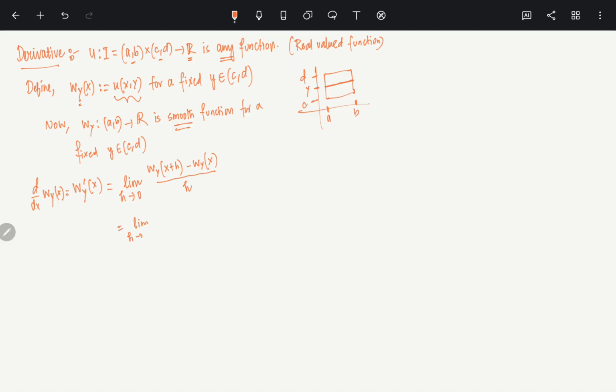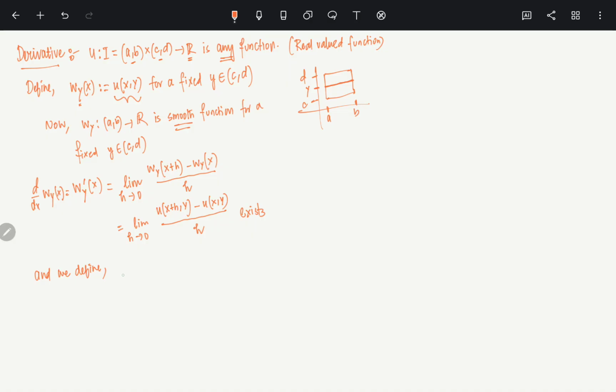So the limit as h tends to 0, if you put it together in terms of u, becomes (u of x plus h, y minus u of x, y) by h. So you see, if w y is differentiable at the point x, then this exists, and we define the derivative.